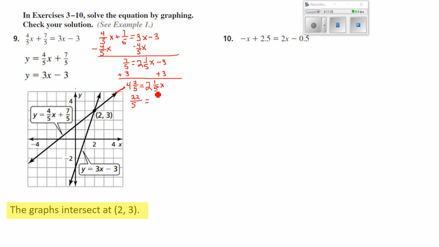Now it's going to be equal to 5 times 2, which is 10, plus 1. That's 11 over 5x. The only way to get rid of the 11 over 5 is to multiply it by 5 over 11. And whatever I do to one side, I do to the other.